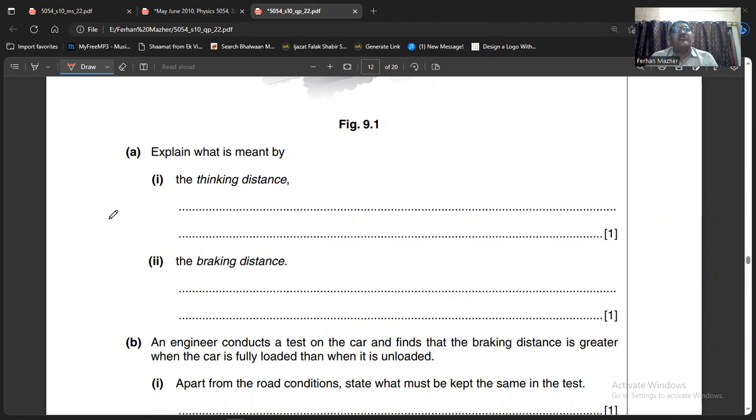You see, thinking distance means that when you see an obstacle on the road and your brain processes that there is some obstacle, your foot goes to the brake pedal. So this is called reaction time, and the distance traveled by the vehicle in the reaction time is known as the thinking distance.